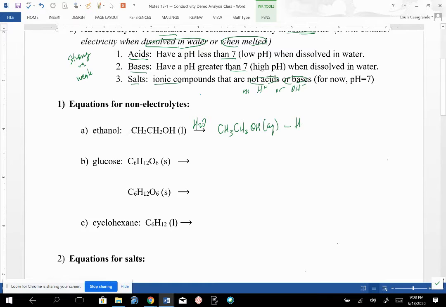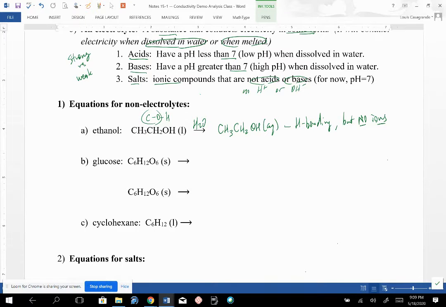And that's due to hydrogen bonding, but there's no ions. It's not splitting apart. It doesn't split at that OH because we have a C-OH. That C-O bond is strong, and so it's not going to break apart, not like an ionic bond will. All right, so we're not going to break that apart.